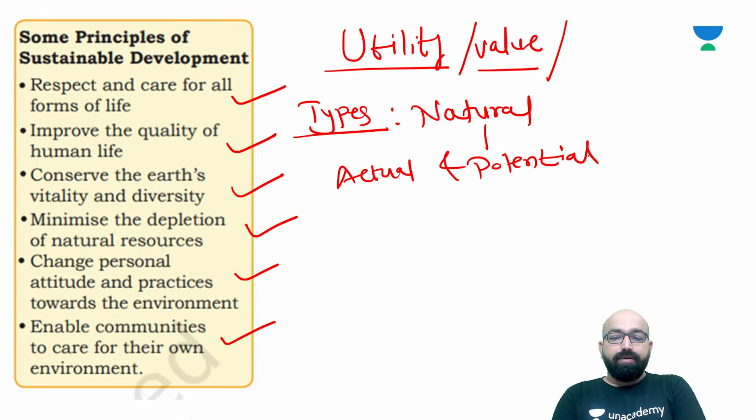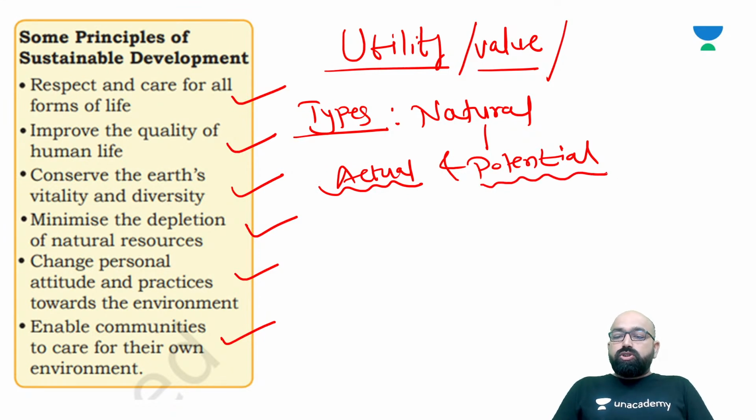Actual resources are those resources whose quantity is known. These resources are being used in the present. So the rich deposits of coal in the Ruhr region of Germany and petroleum in West Asia, then the dark soil of the Deccan Plateau in Maharashtra, these are actual resources, whereas potential resources are those whose entire quantity may not be known and these are not being used at present.